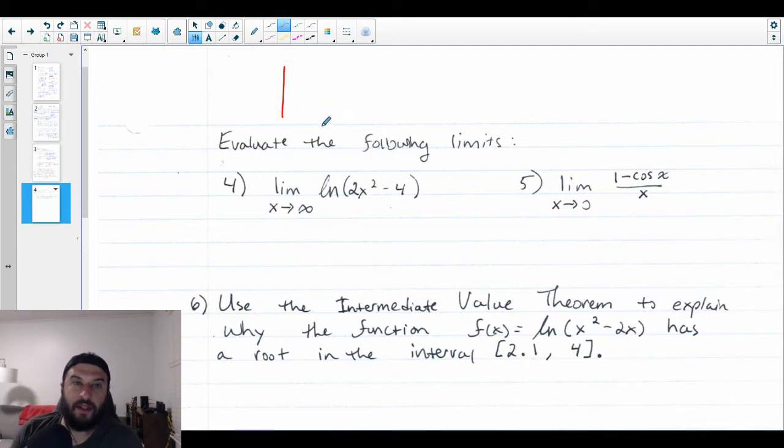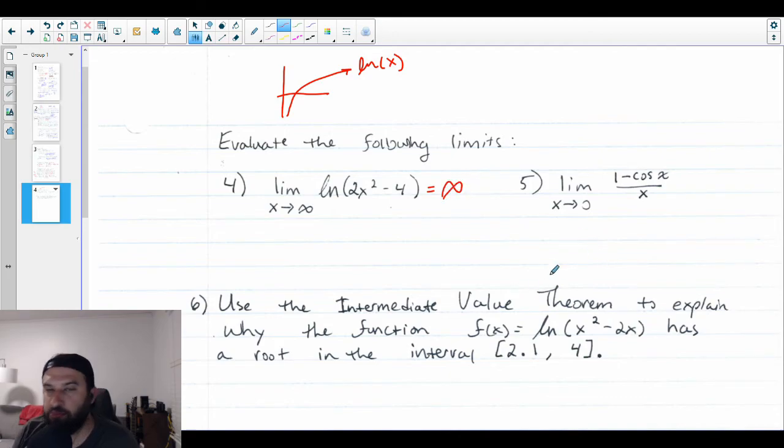And ln of x, the parent function, very slowly approaches infinity. So in other words, the bigger number you plug into ln, the bigger result you get. So this limit is also infinite. Again, if you wanted to graph it, you totally could. You would get something that goes up as it goes left to right.